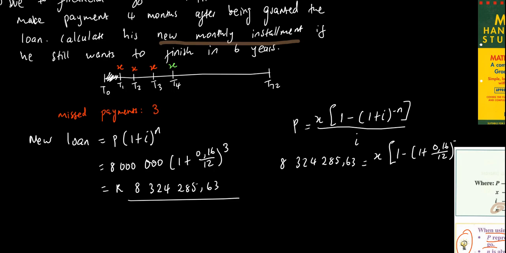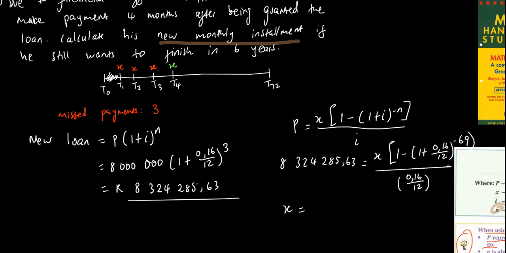How many payments must I make now? Remember, I was supposed to make 72. So you're going to say 72 minus the 3 missed payments. Now you're going to put 69 there. Please remember, guys, you put 69 there. Please remember that your n is going to be the total minus the missed payments. Then I can now get my new monthly installment.